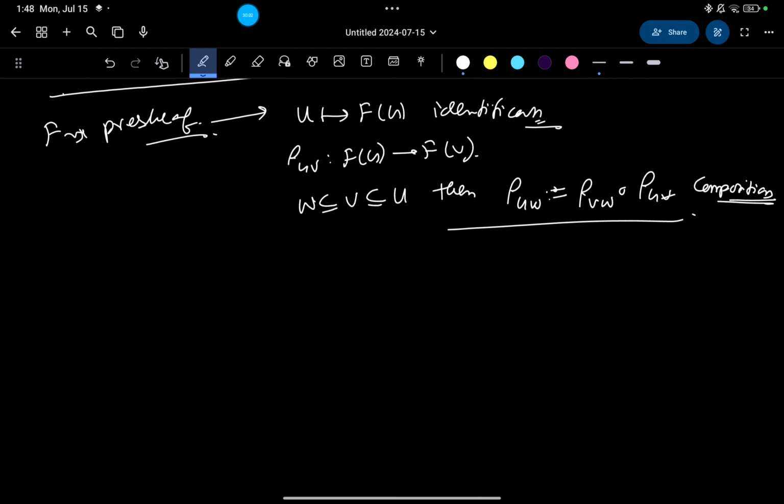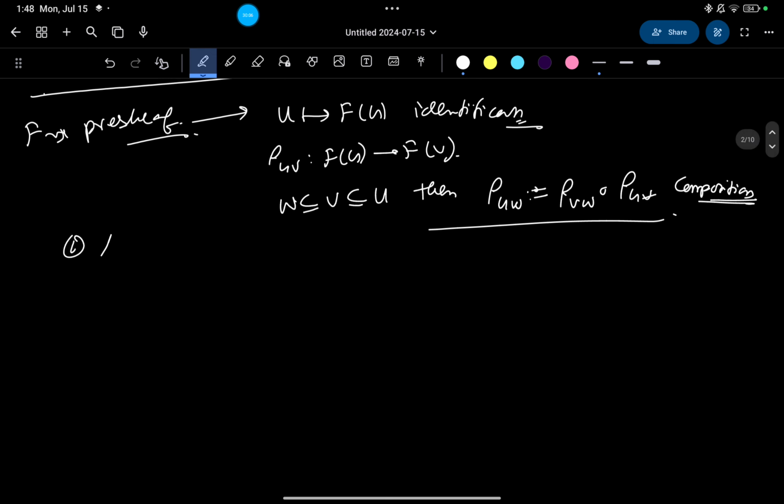Now to get it as a sheaf, I just need two things: one is the local property and the other is gluing.